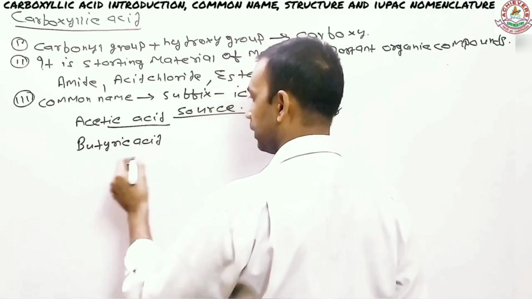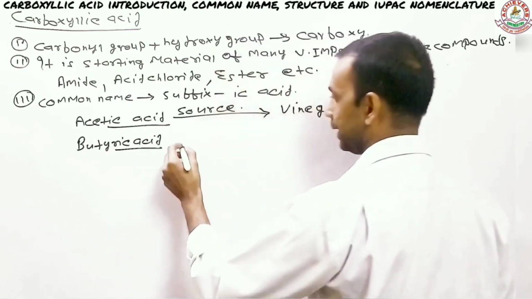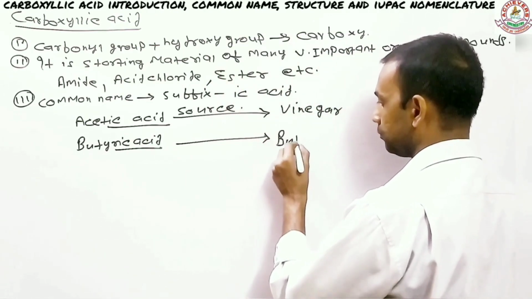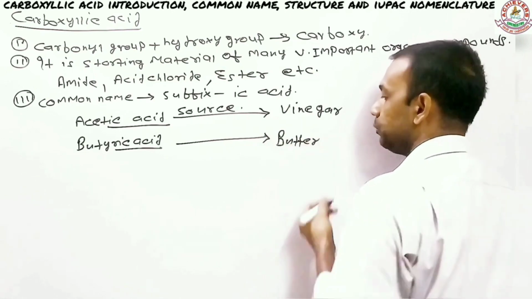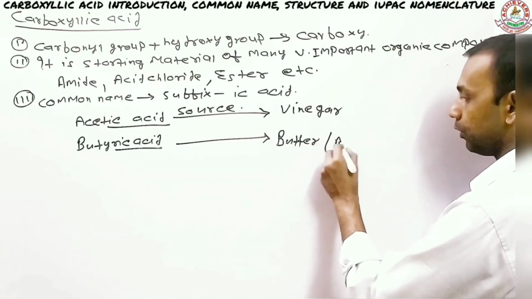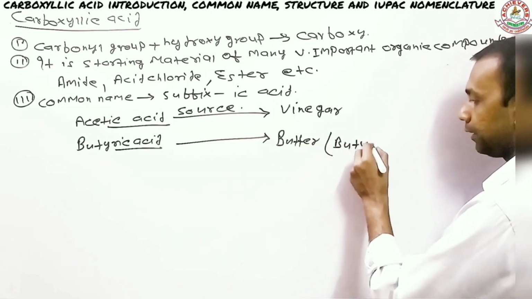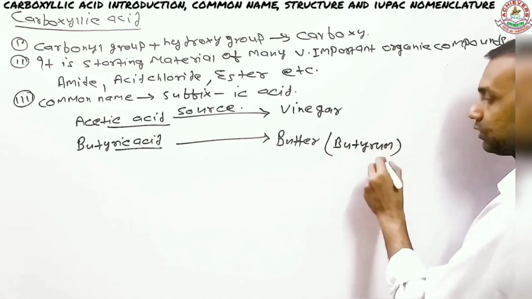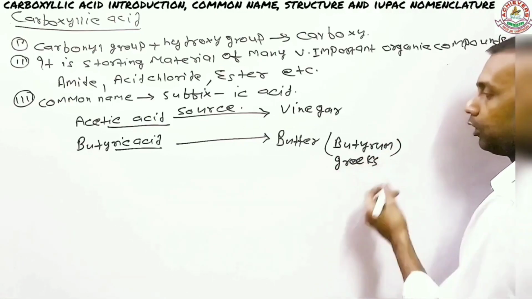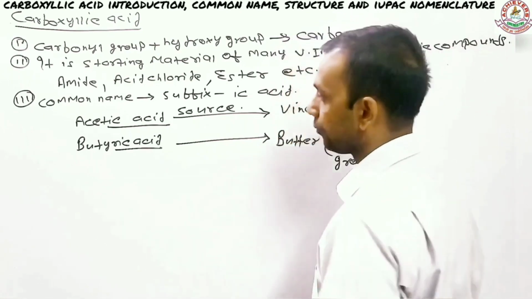Second, I remember, is an acid called butyric acid. Again it has ic acid, and this comes from butyrum, which is present in butter. Butyrum is a Greek word which basically means butter. So from butter, butyric acid is obtained.